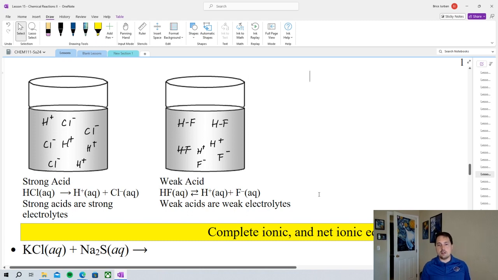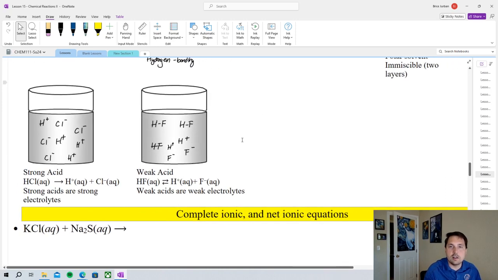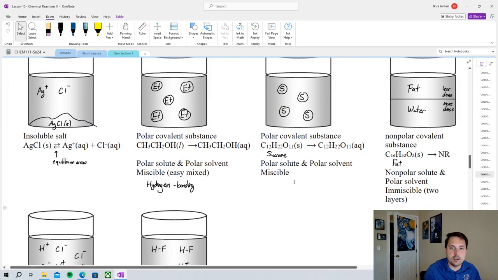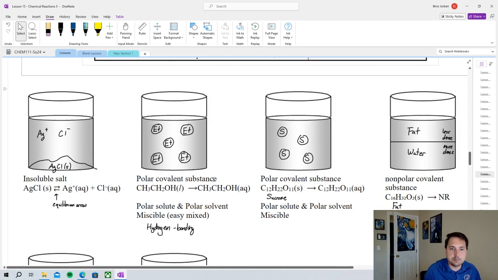When around 1% of it dissolves, we call this a weak electrolyte. And then there are also non-electrolytes. Those would be things that don't dissolve into ions at all, like these polar substances up here, ethanol and sucrose. So these are non-electrolytes.